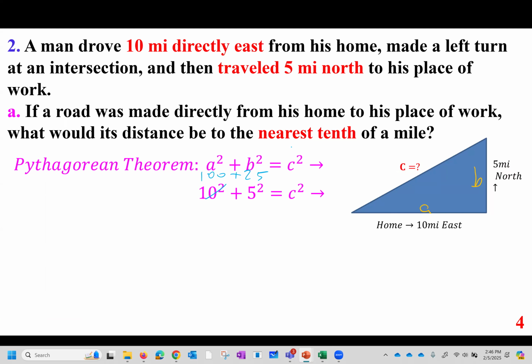So c is the square root of 125. If you use a calculator, I use a bunch of decimals just to show you both. You have to be careful when you do that to see what they want you to do. Okay. And so it's about 11.18034 miles.